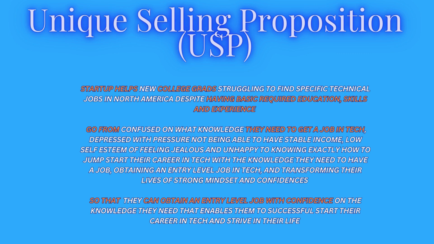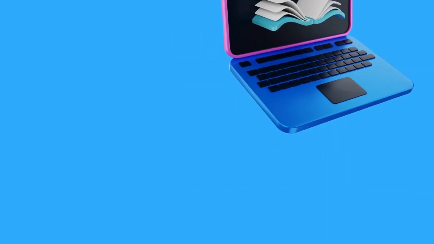So what you're doing is helping them go from confused about what knowledge they need, from feeling depressed because they don't have a job right now, from low self-esteem, to essentially landing a job with confidence. And the way you can do that is by helping train them better. In order to help them train, you're thinking maybe we should build a course for them.